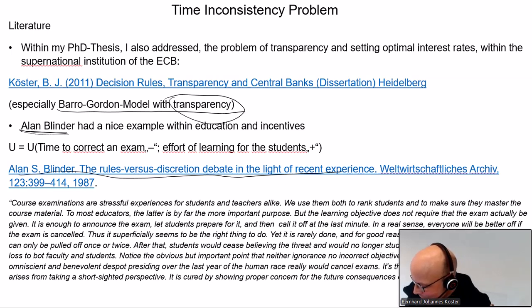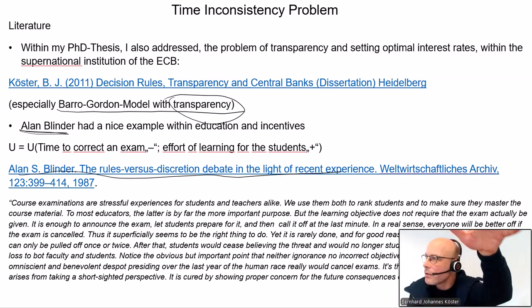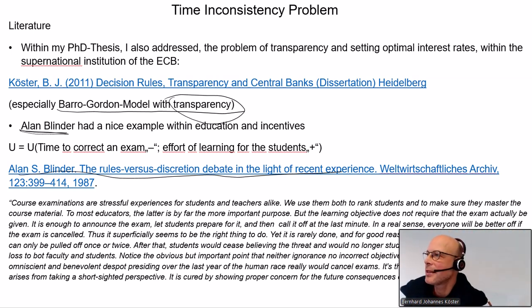You can have a look at it; I think it is a quite nice example where he went through all this argumentation that this is also a time inconsistency problem. The central bank was announcing zero, but it has the incentive to deviate, and then the public, having rational expectations, doesn't believe that I set the inflation rate to zero.